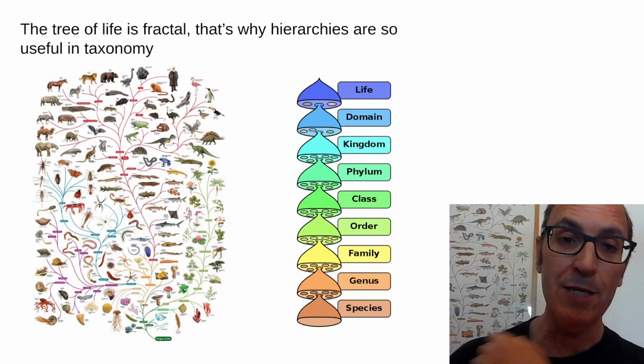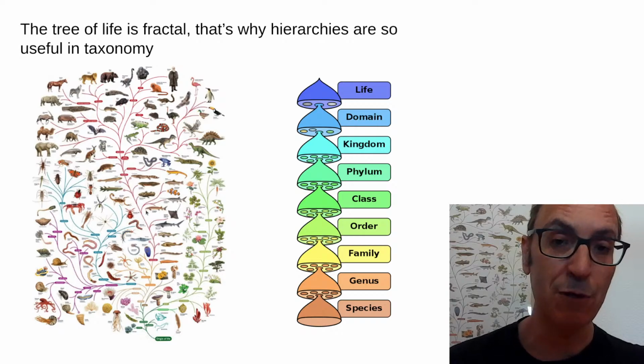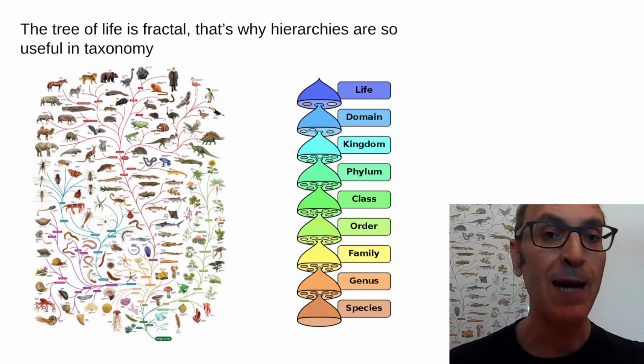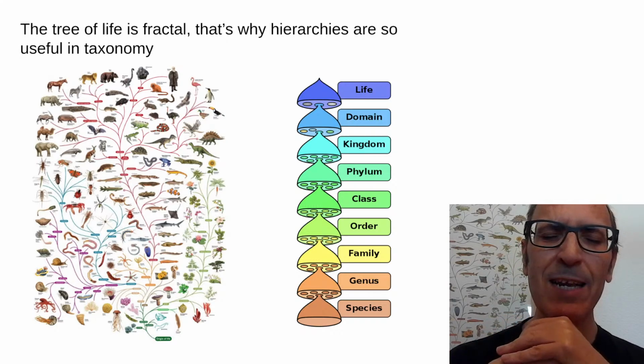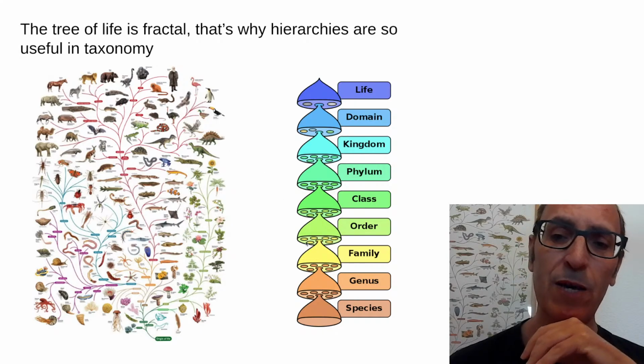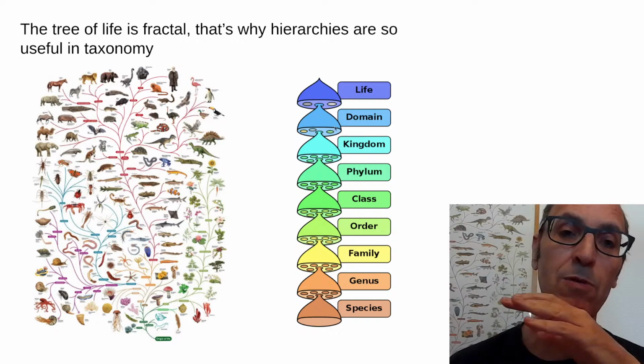The history of life is usually represented by a tree, and the tree is fractal-like. And this is why classifications in biology are hierarchical. Okay, we have a species, genus, family, order, classes, and so on. Why?